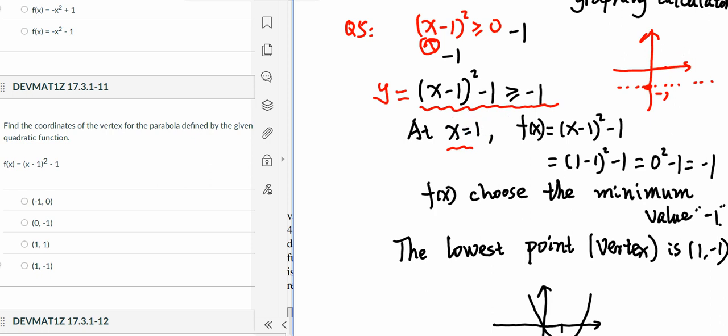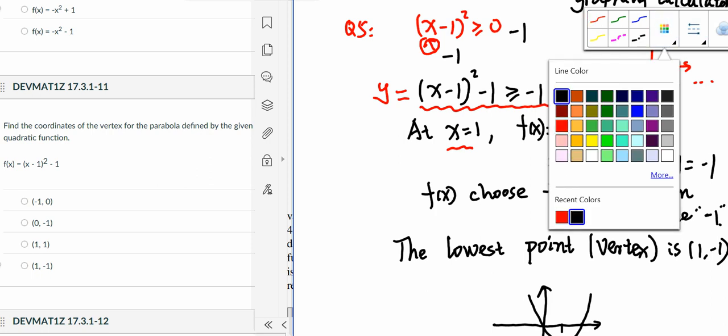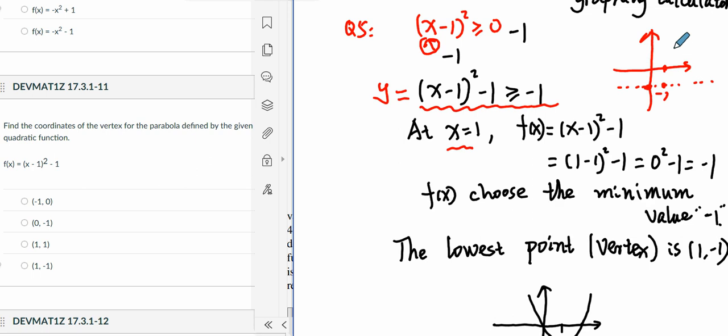That means when x equals 1 here, we should have negative 1. This is the algebraic explanation. So at this point, we have negative 1. Okay, this point, and this is 1, negative 1.